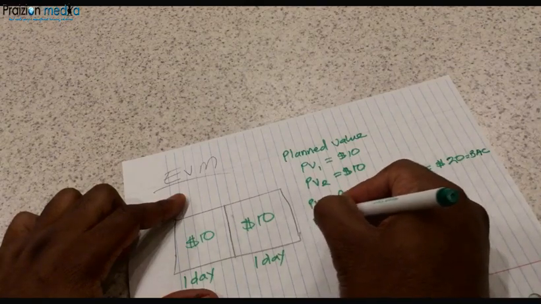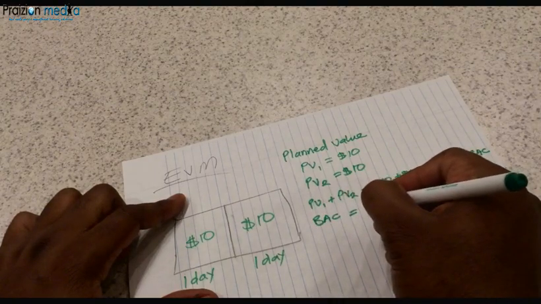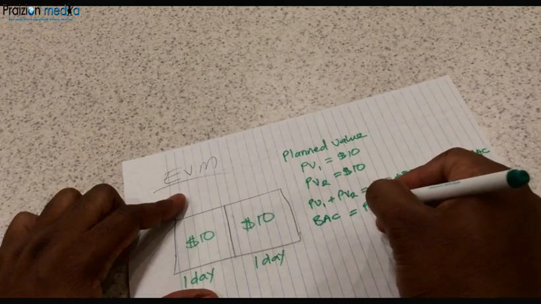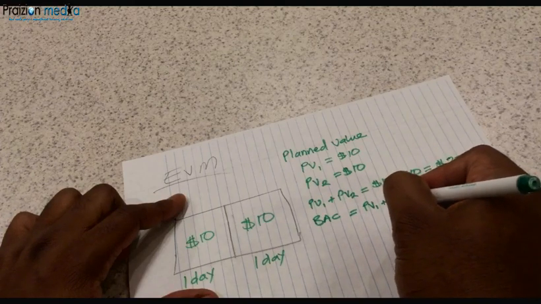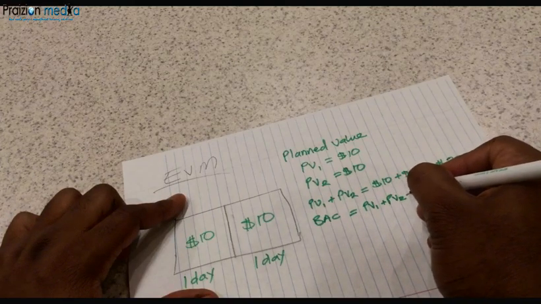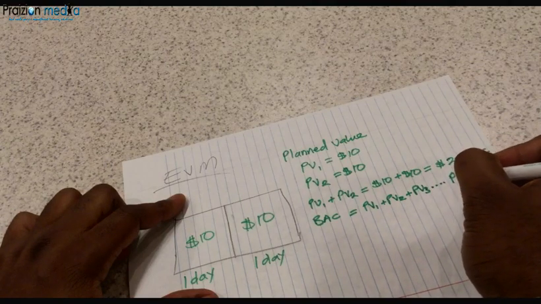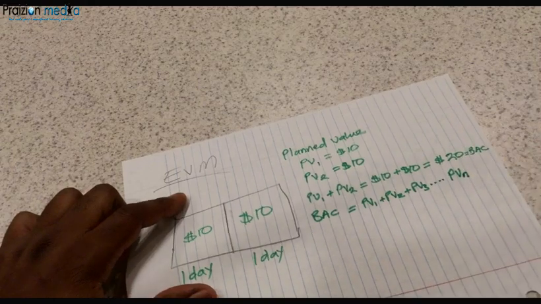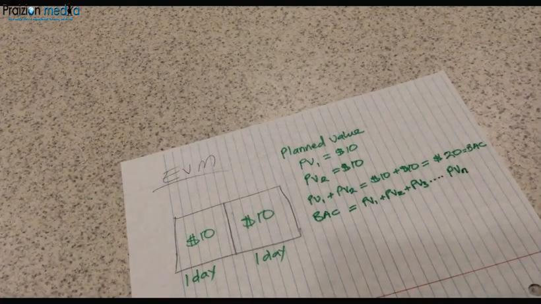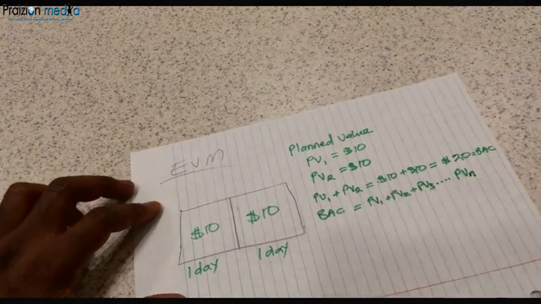So budget at completion is equal to the planned value for day one plus the planned value for day two plus the planned value for day three, all the way to the planned value for day N, whatever day N is. On this project, it's just a 2-day project. So that's the budget at completion.